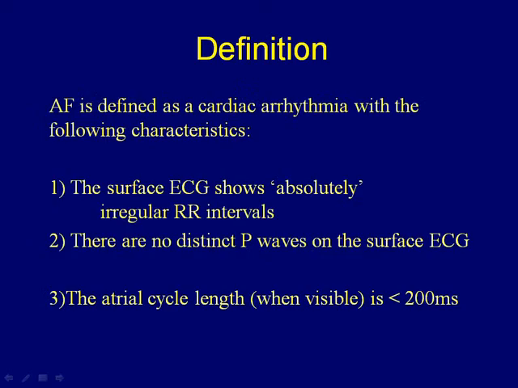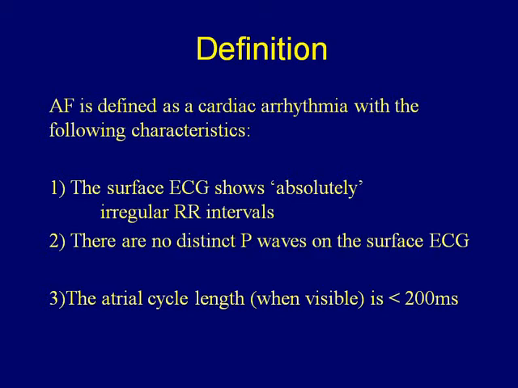The usual talk has to start with the definition, and many of my comments today will be based on the new guidelines of the European Society of Cardiology, the European Heart Rhythm Association, and your Association of Cardiothoracic Surgery.